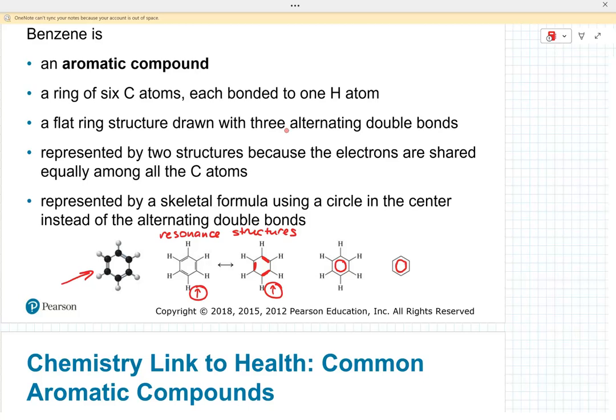So it means that bonds, rather than belonging to a couple of carbons, become, it's like basically benzene is a communist molecule. All carbons own all electrons. Okay? It is equally shared.